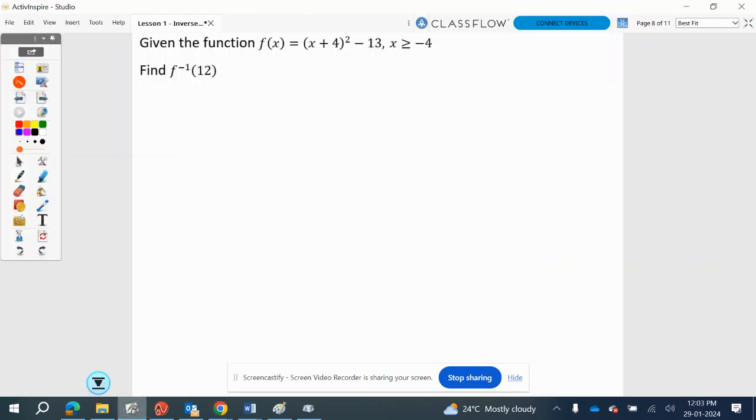Okay, what we want to do is use this idea that if f of x is equal to y, then f inverse of y is equal to x, where x and y are the same ones. What that means is if we need to find f inverse of 12, then we need to find 12 is equal to x plus 4 squared minus 13.